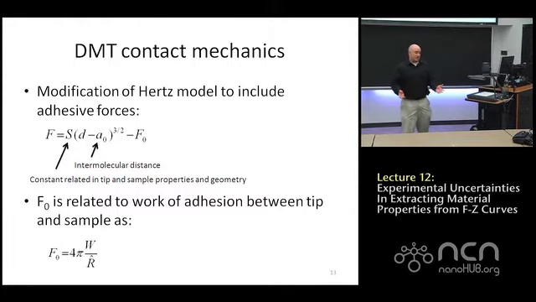And there's another guy named Maugis who did the area between JKR and DMT and showed it was a linear variation of a parameter. So really, they're just opposite extremes of the situation. It depends on your sample which is more appropriate. But it's far more convenient to work with DMT because it's simpler than JKR for the type of analysis I'm going to do.